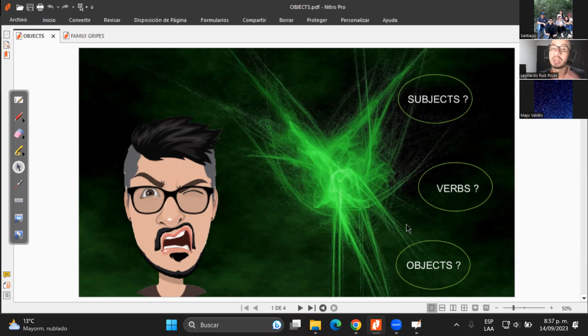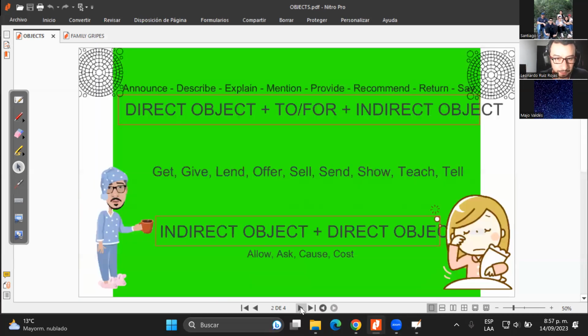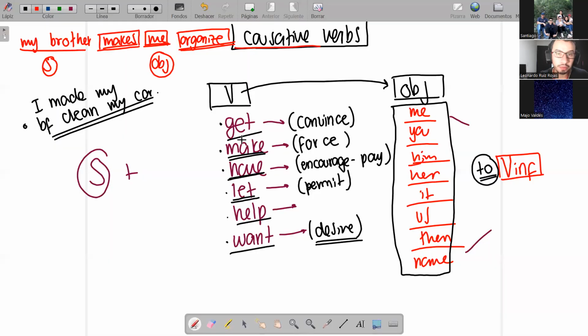It's necessary to be very specific, to specify exactly who is receiving the action and what, if it's an indirect object. So now we know there are different structures, and also verbs especially dedicated to cause another action on that object, which are the causative verbs, right?